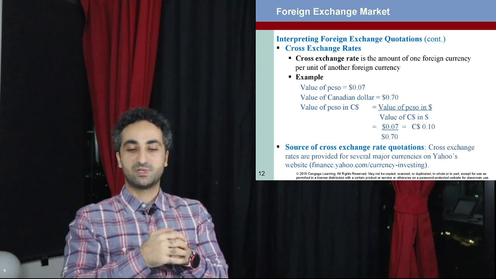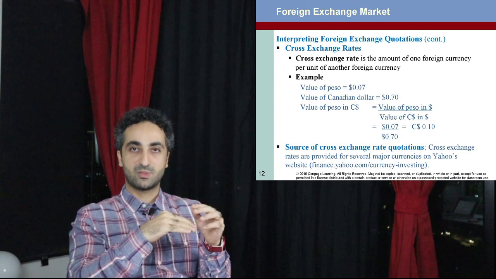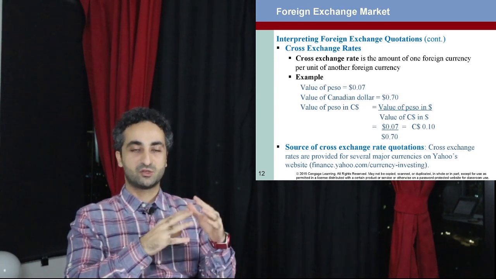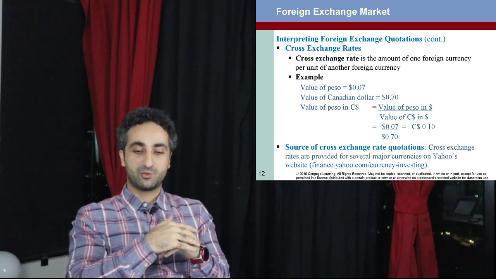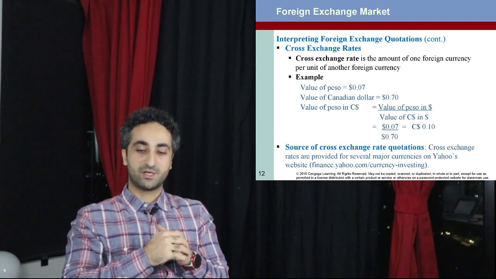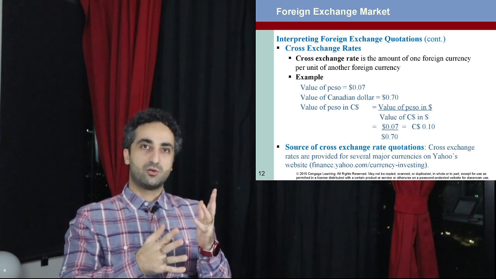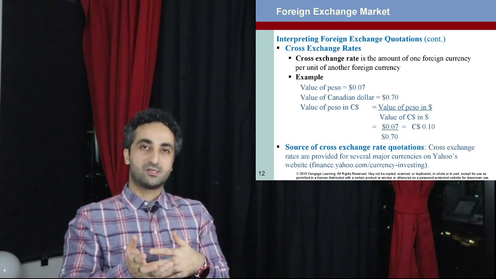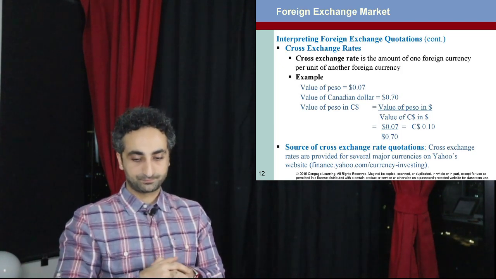We simply divide the first currency by the second currency. So for the value of the peso, we put the peso on the numerator and we put the Canadian dollar on the denominator. We notice it's 10 cents, which makes sense, right? So you need 10 cents of Canadian dollars to buy 1 peso.